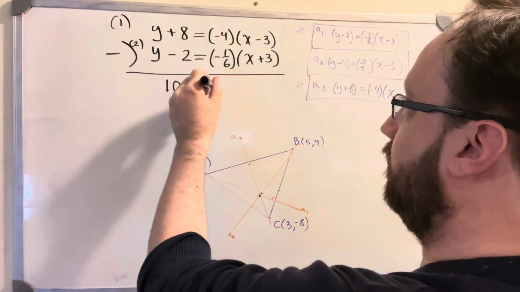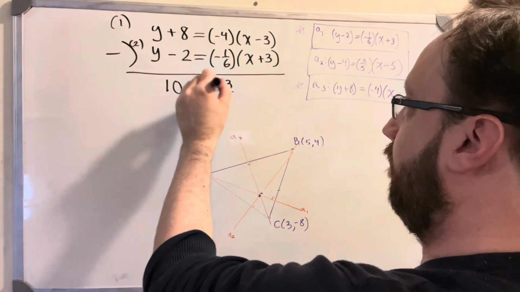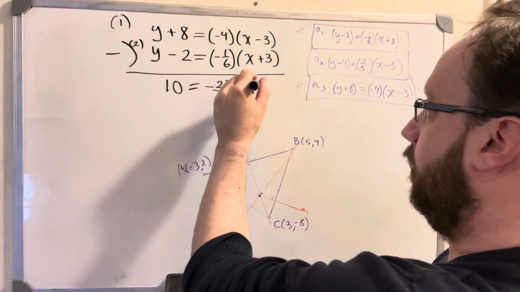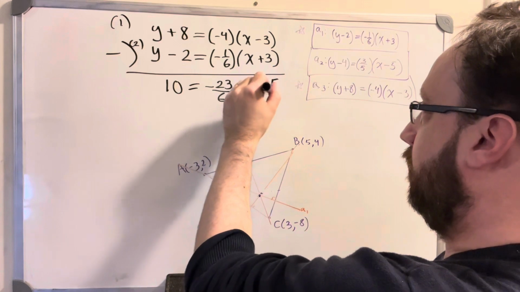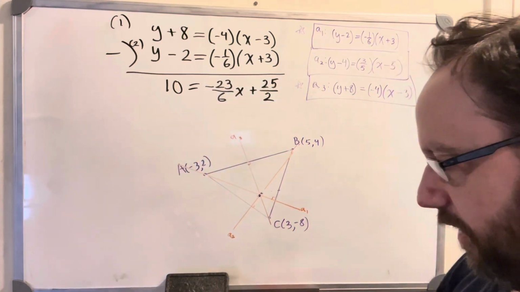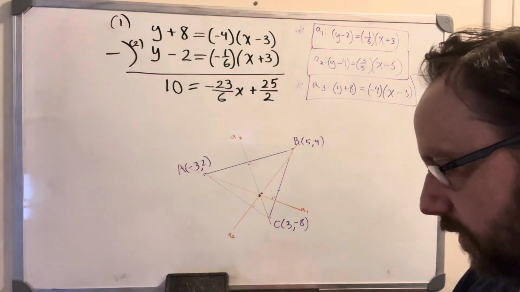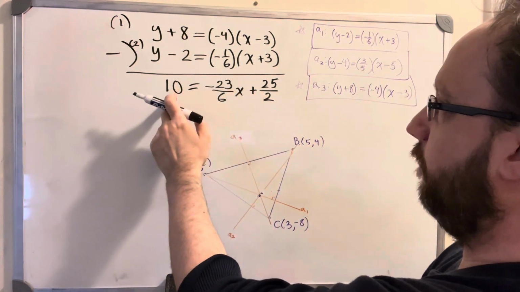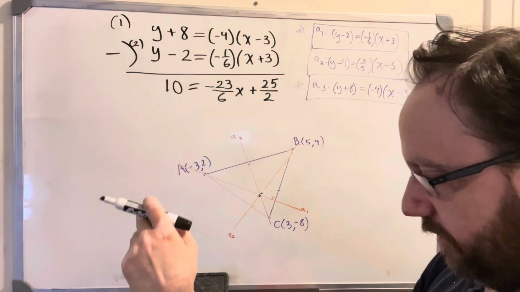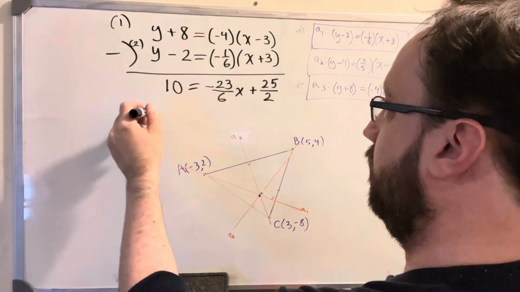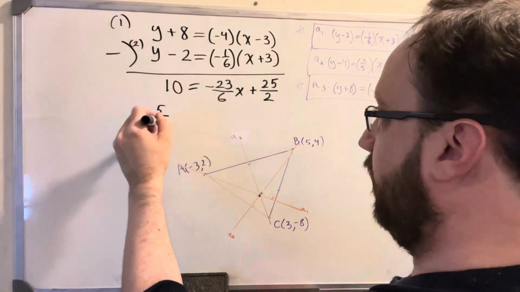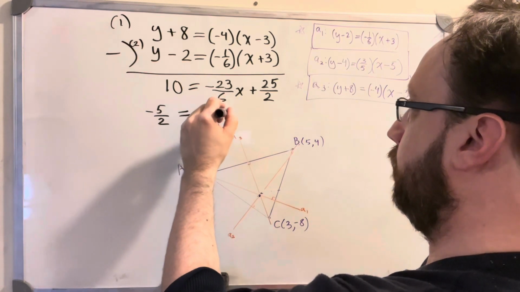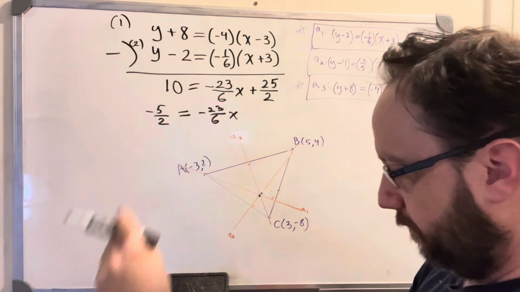-23/6 x plus 25 halves. Now, what this ends up being is once you subtract 25 halves from both sides, what you've got is -5 halves equals negative 23/6 x.